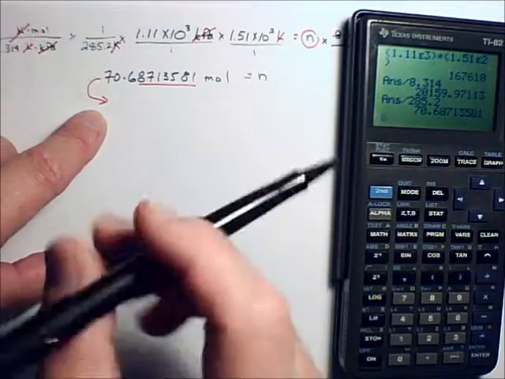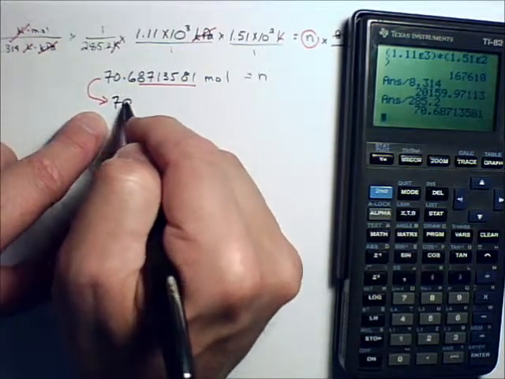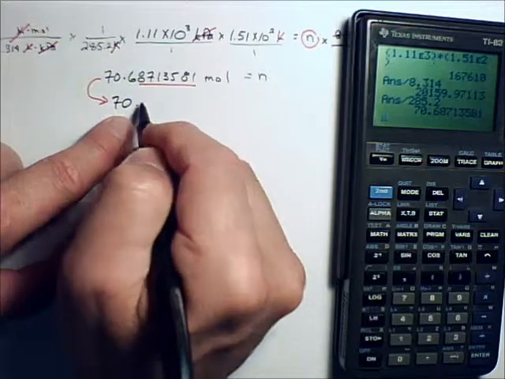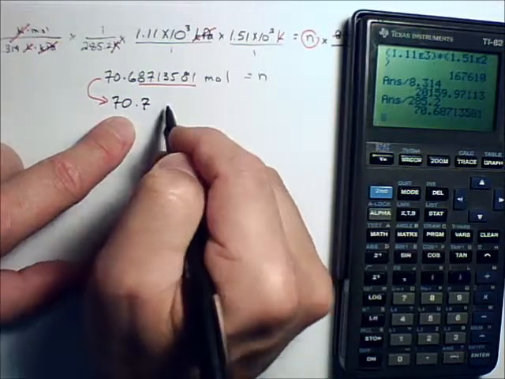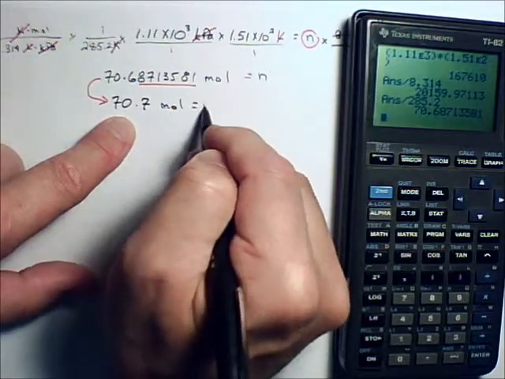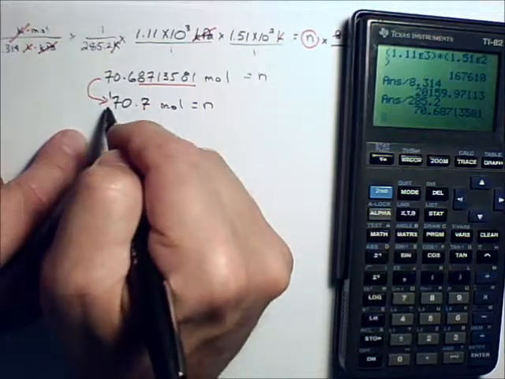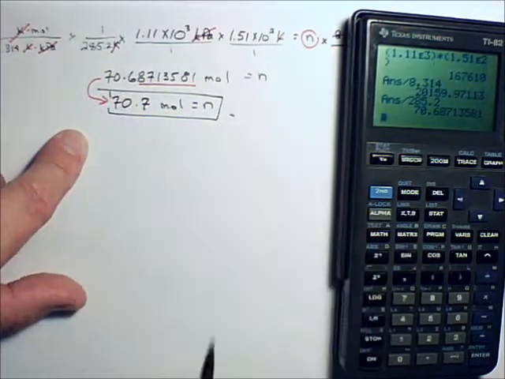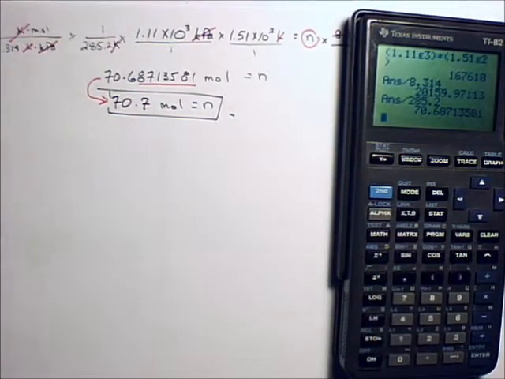It has to be an arrow. And so this is 70.8, makes the 6 round up to a 7 moles equals N. And there's our answer. Okay? Yay. Good. Okay? All right.